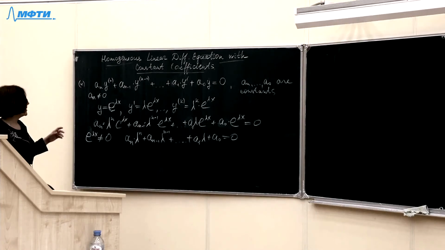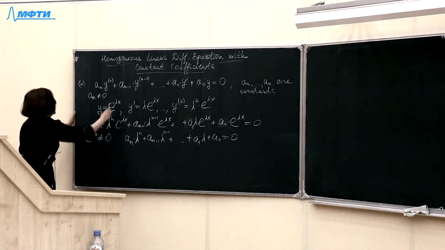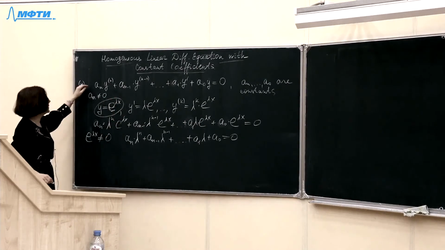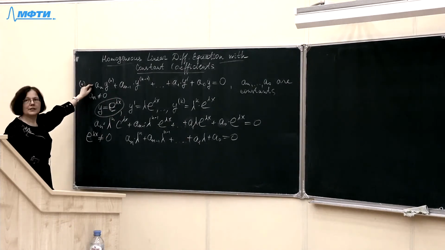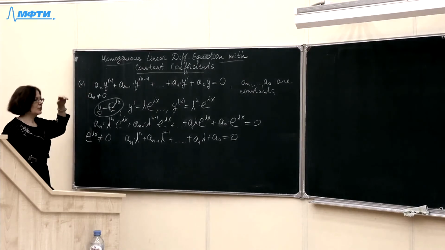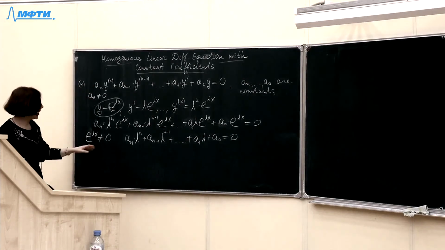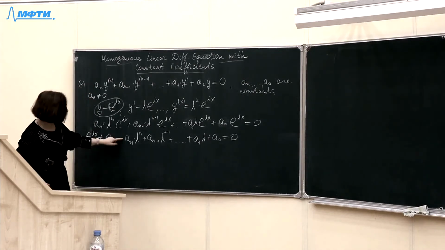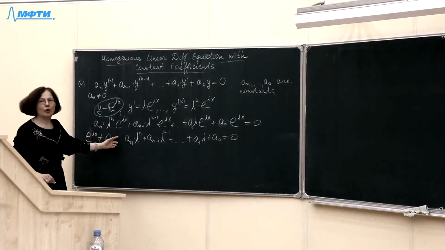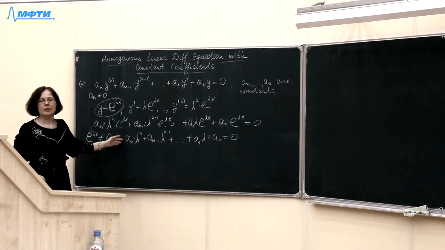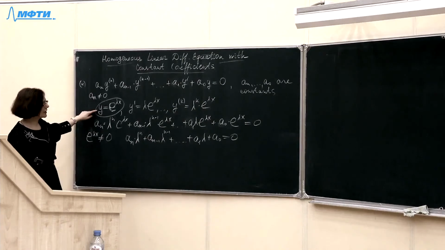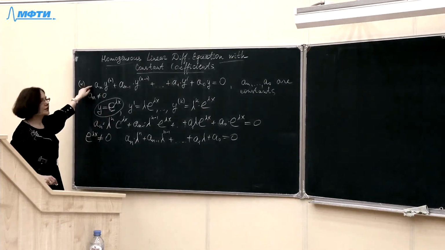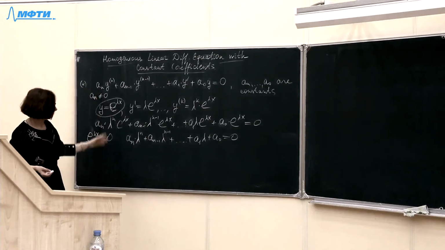Okay, so we want this function to be the solution of this differential equation. And so we can see that any lambda satisfying this polynomial equation will make this function a solution of the original differential equation, right?